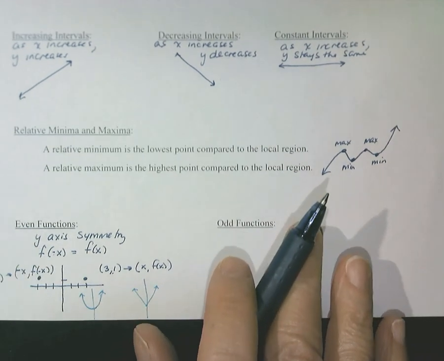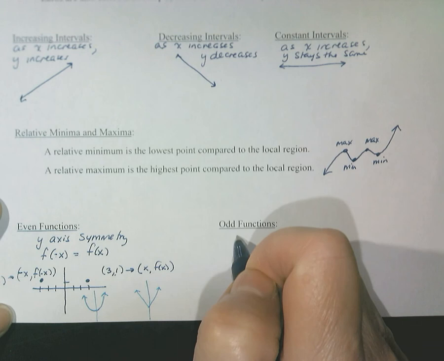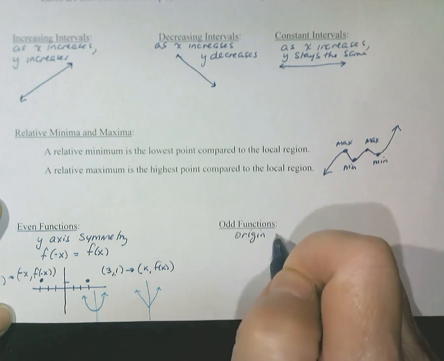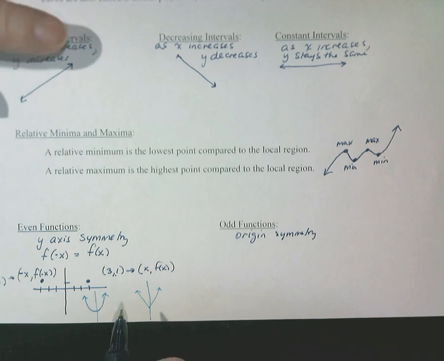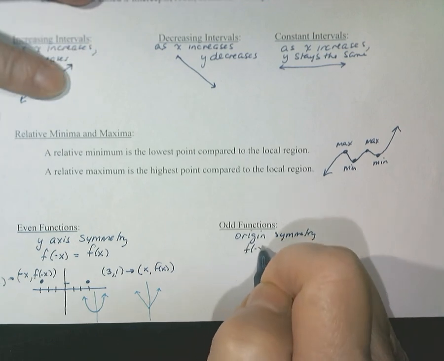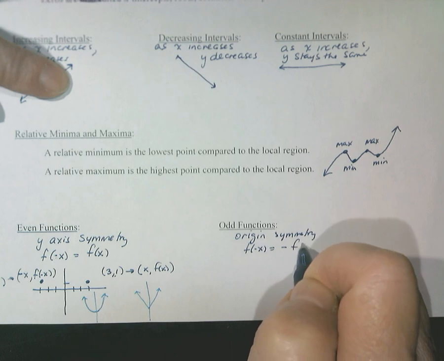Odd functions have origin symmetry. Which means f of negative x is going to equal negative f of x.